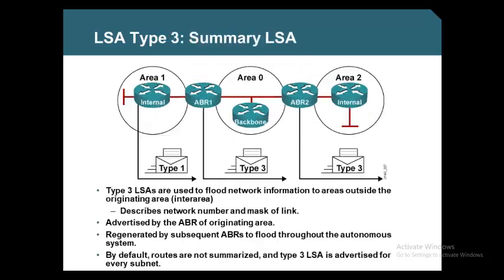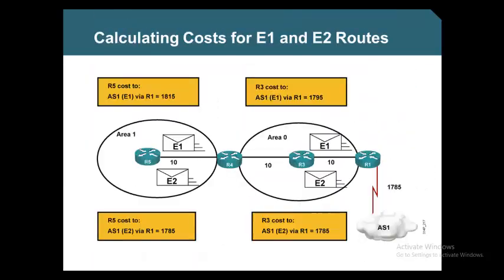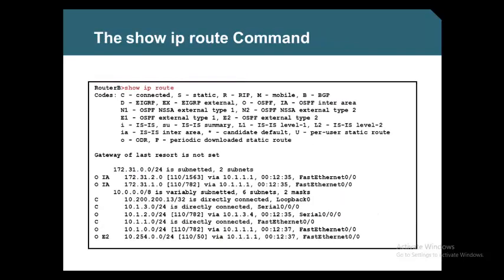If you go to any routing table, you see this routing table. In this routing table, I see O, which means these two are coming from the same area. I see O along with IA, which means these two don't belong to the same area.